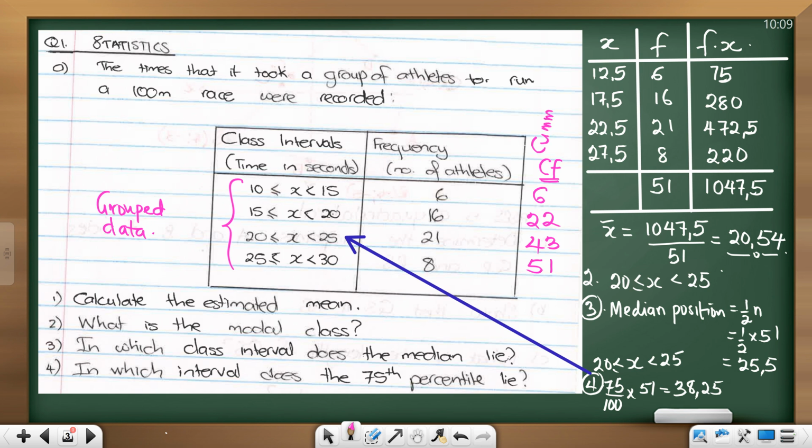Cumulative. Remember how we got it? 6, then we add to give us what? 22. Then we add to give us 43. Only grouped data. Only grouped what? Data. We're done with this page.